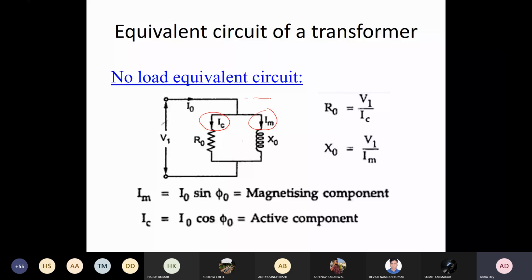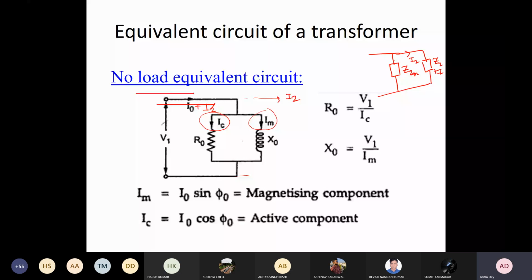So we can draw it in terms of parallel paths. One parallel path has one impedance, Zm, and the other is due to the secondary circuit and load, which is Z2 plus ZL. This is your I2, this is your I0, and this is your total I1.